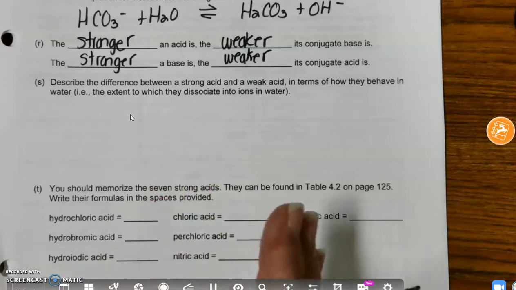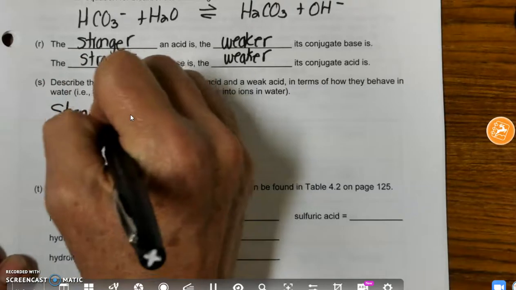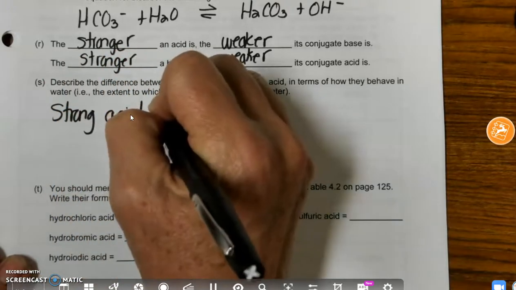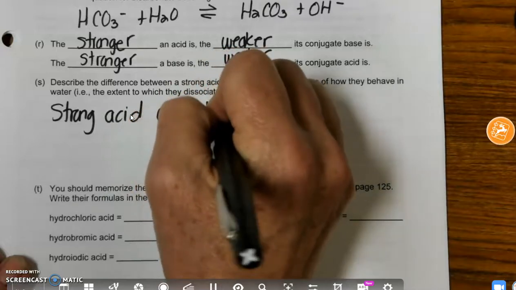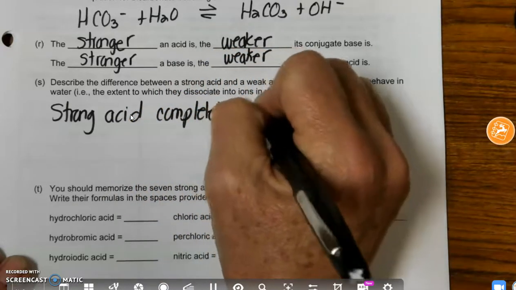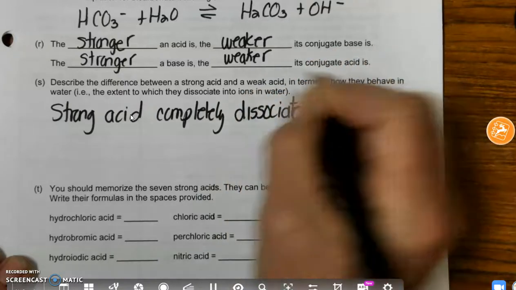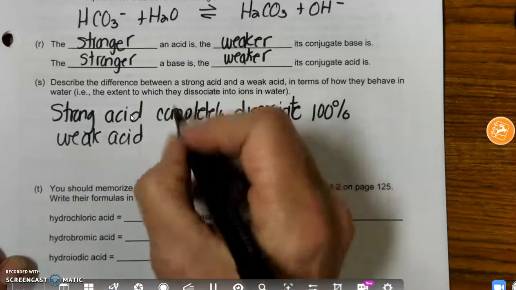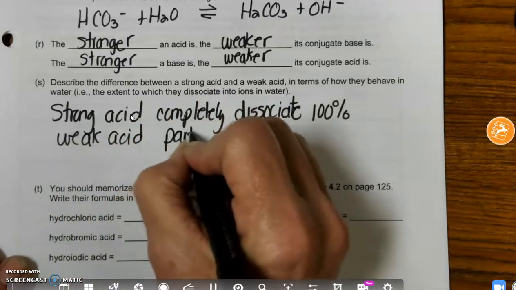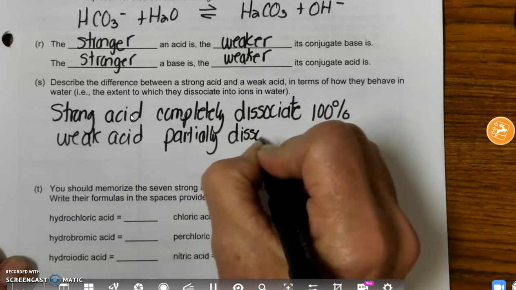Strong acids and weak acids are determined in this way. Strong acids completely dissociate, 100%. A weak acid partially dissociates.